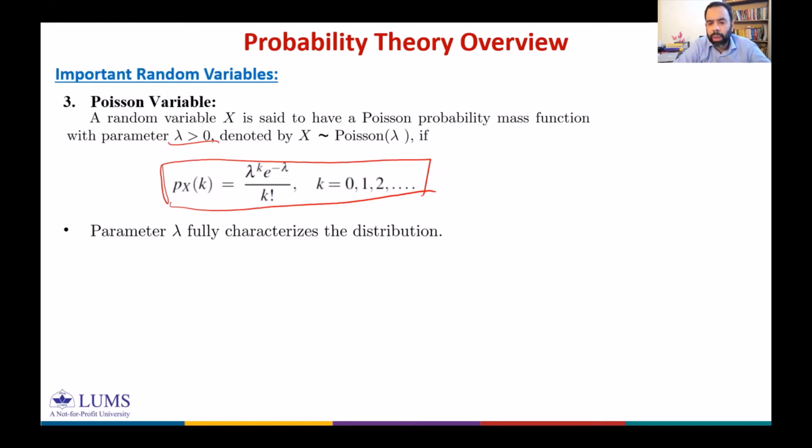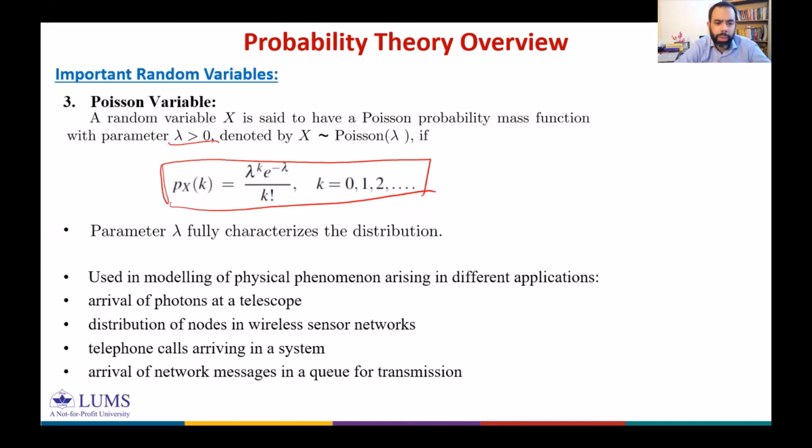For example, arrival of photons in a telescope or distribution of nodes in wireless and sensor networks. Telephone calls arriving in a system or arrival of network messages in a queue for transmission. When we have counting phenomena, we usually use a Poisson variable to model it.